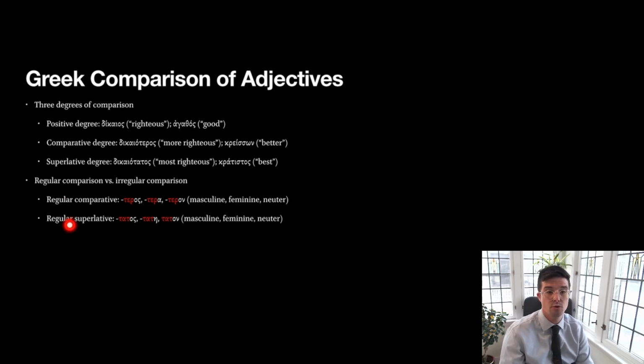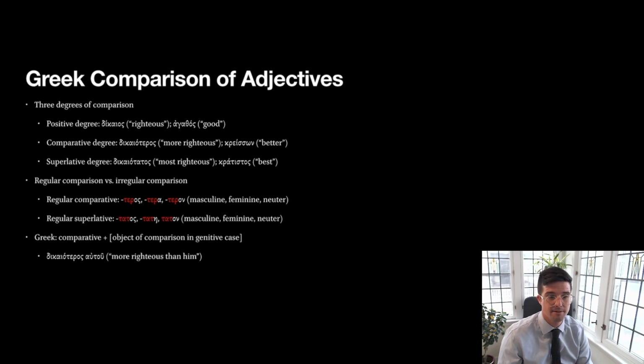That's what I tell you right here: the real key to identification of the comparative or the superlative is going to be this ter with the inflected ending added on to it, or the tot, with the inflected ending indicating case, gender, and number following ter or tot respectively.